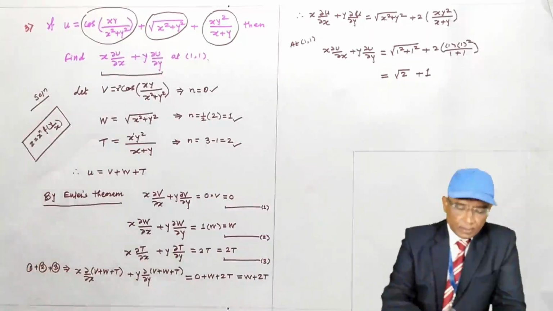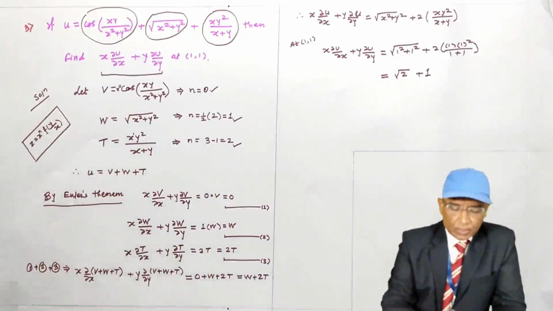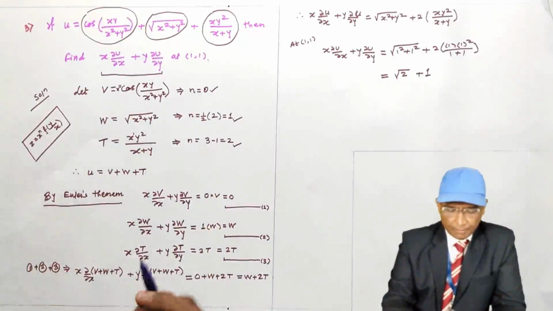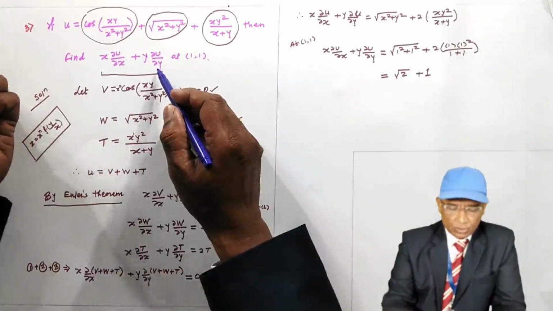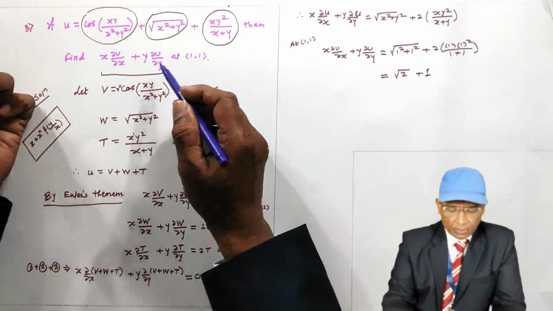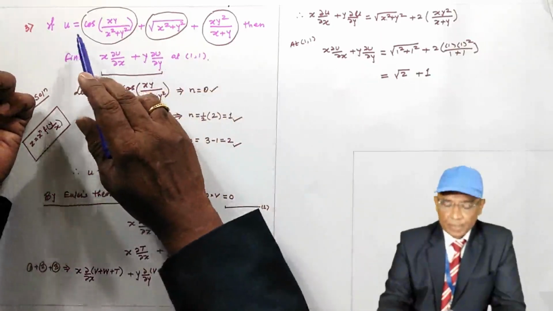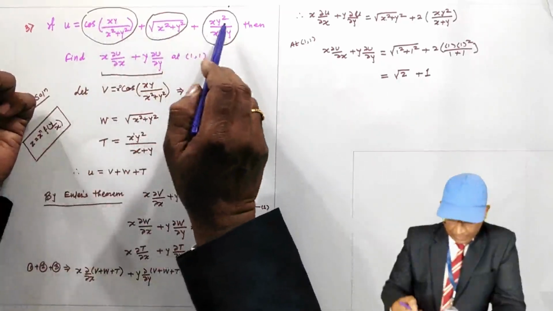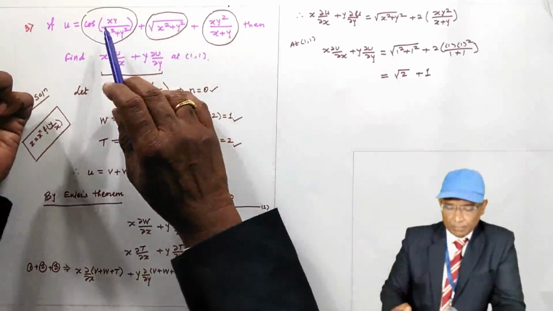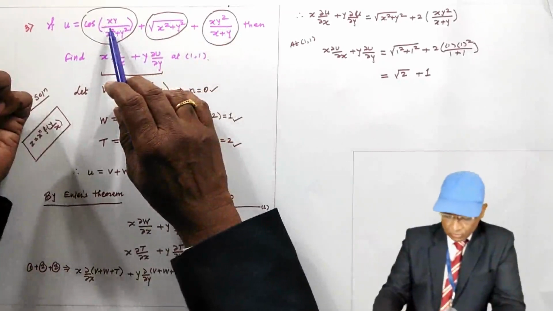But importantly, here U is a function of three terms: first term, second term, third term. So I am denoting the first term by V, second term by W, and third term by T, and independently I am applying Euler's theorem. Prior to that, I found the value of n also.